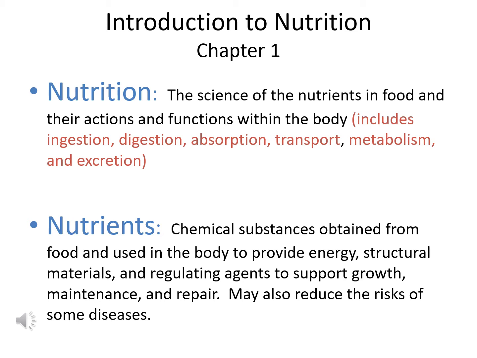As we go through the semester, what you'll see is that individual nutrients are responsible for specific functions. For example, calcium. It's a mineral. It's necessary to build bone. Some B vitamins you'll see are necessary to generate energy within the cells. And we'll get much more specific as we go along.